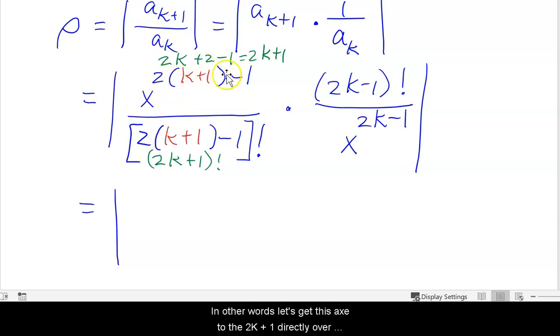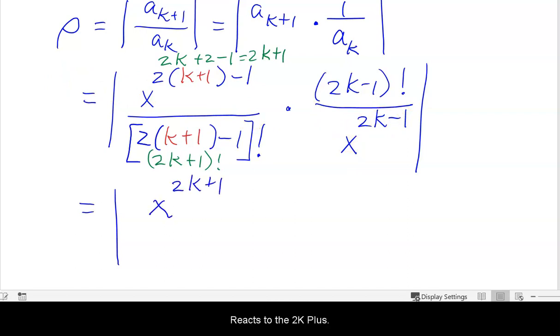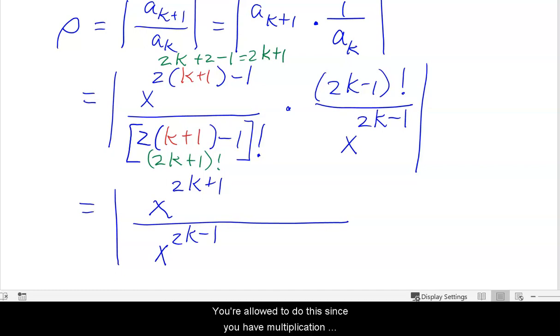In other words, let's get this x to the 2k plus 1 directly over the x to the 2k minus 1, since they're both x to a power. This gives me x to the 2k plus 1 over x to the 2k minus 1. You're allowed to do this since you have multiplication in the numerator and denominator, and multiplication is, of course, commutative and associative. So you can reorder it any way you want.